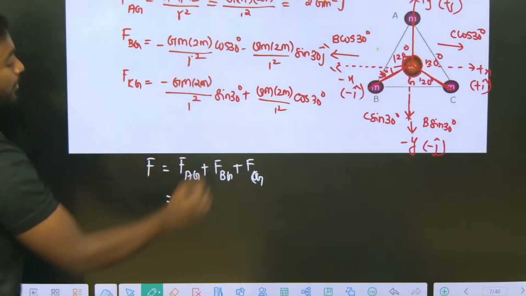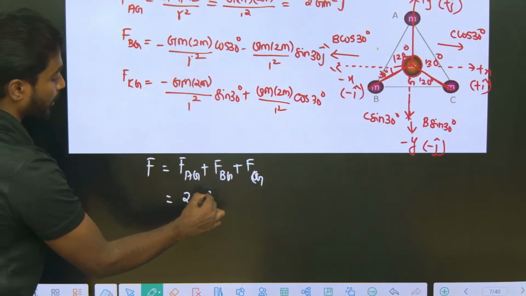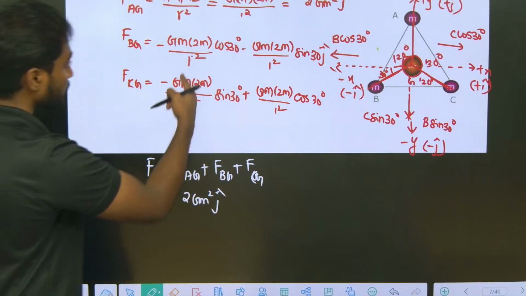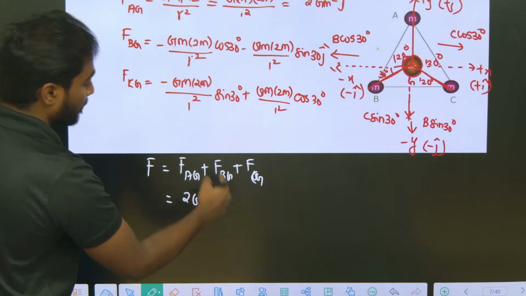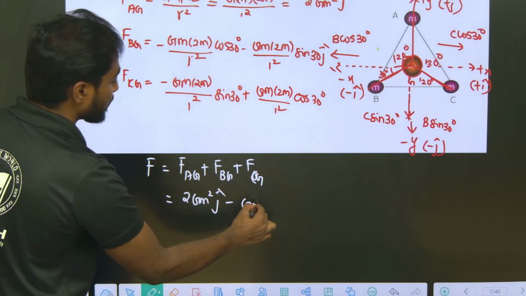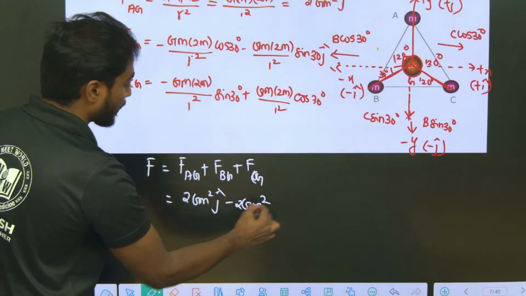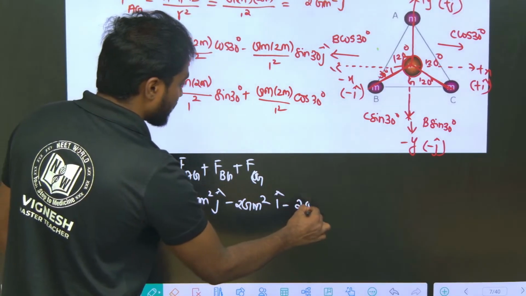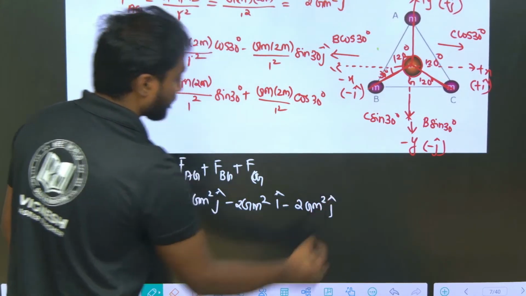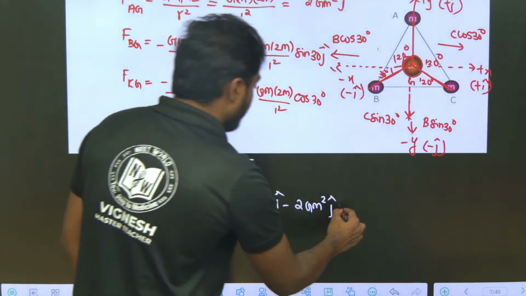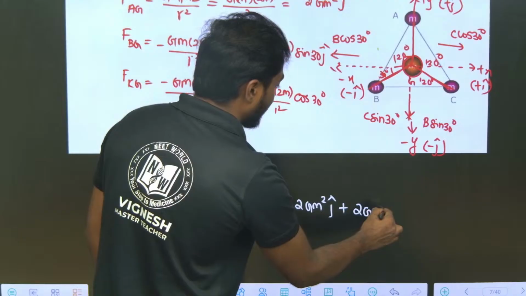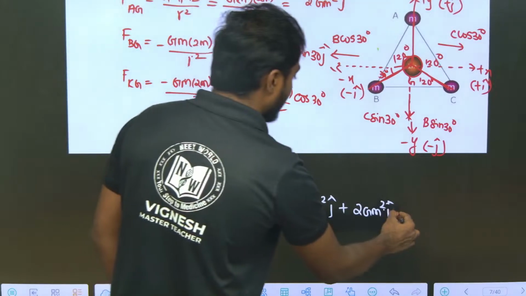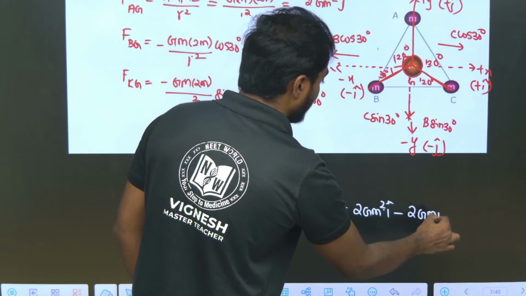So the force here is 2G m square j cap, and BG is nothing but minus 2G m square i cap minus 2G m square j cap, right, plus 2G m square i cap, minus 2G m square j cap.